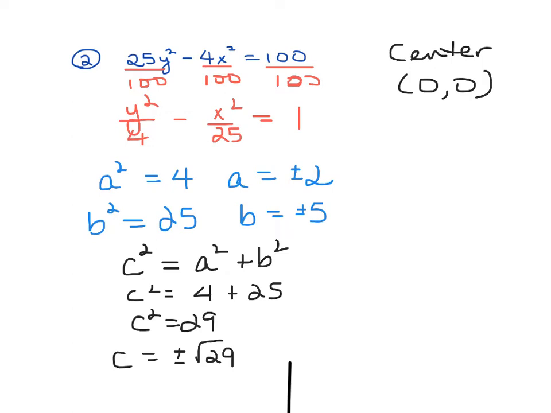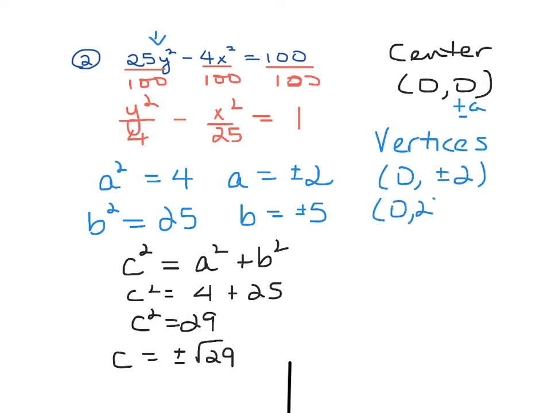Next, I need to find my vertices, my focus points, and my asymptotes. So for my vertices, again, you're going to take that a value and add it to the center. And again, notice the first letter is y squared, so I'm going to add the a to the y and subtract the a. So my new vertices are going to be 0, comma, plus and minus 2.